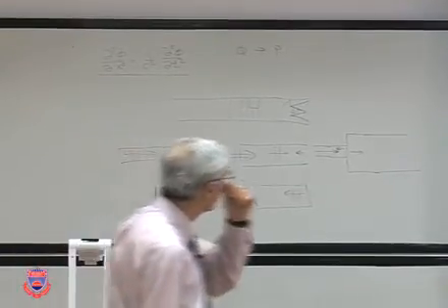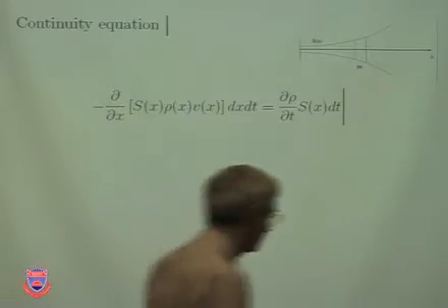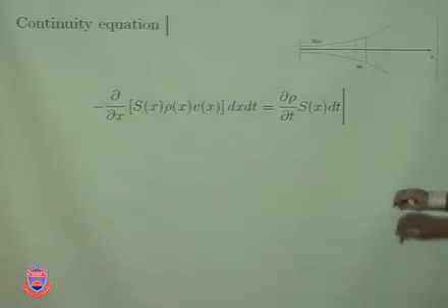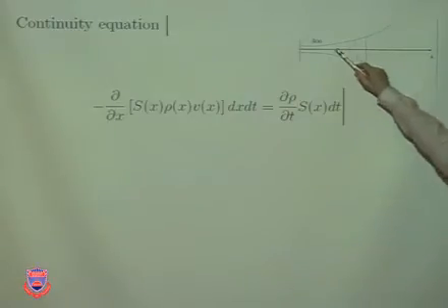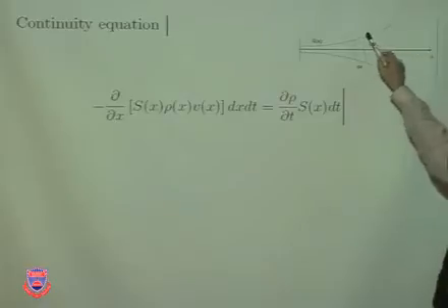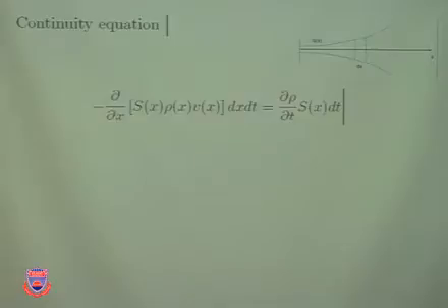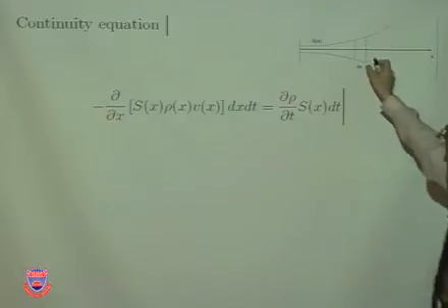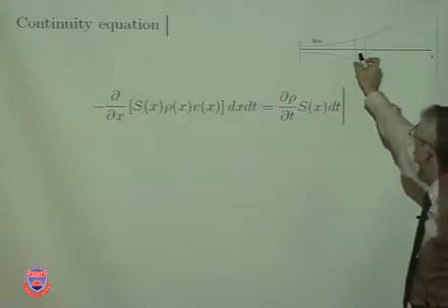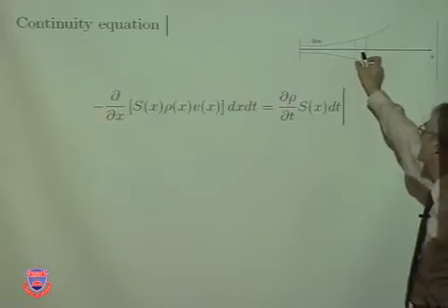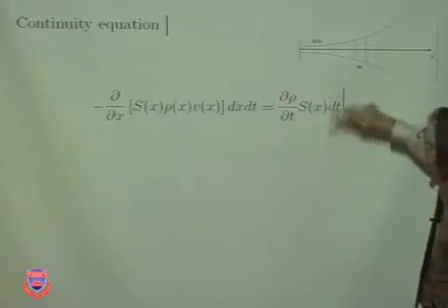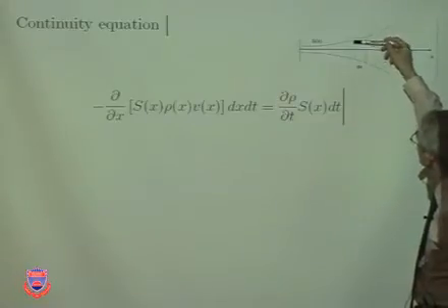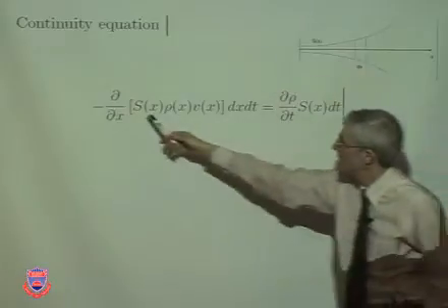Now the continuity equation. We're rewriting, I should say, expressing the continuity equation for an elemental mass in the horn. Let's just say an element of length dx in the x direction, and the cross-sectional area is S of x.